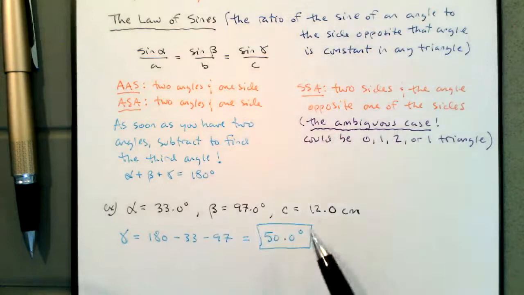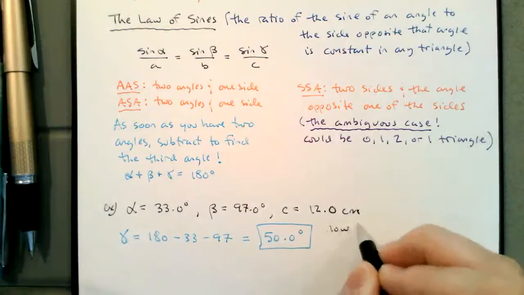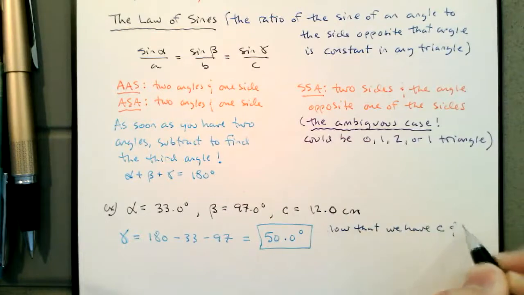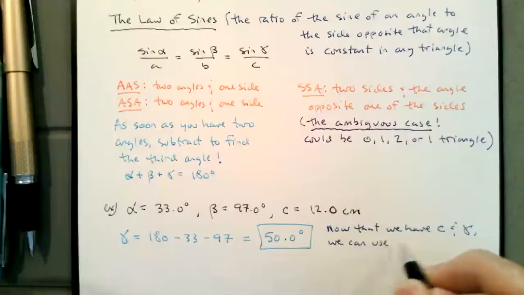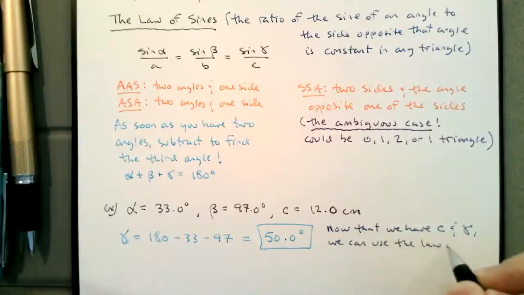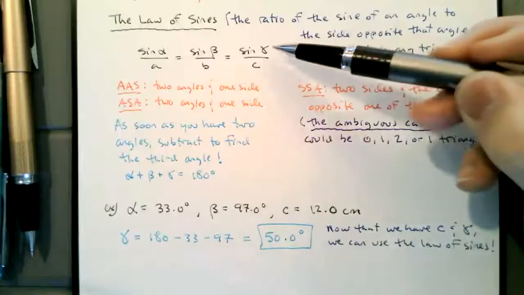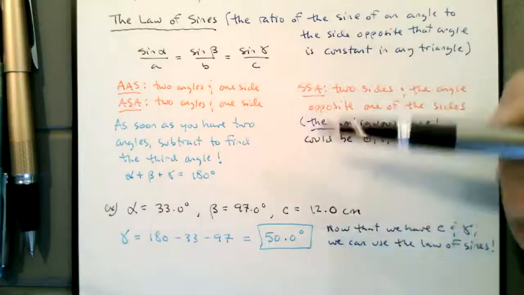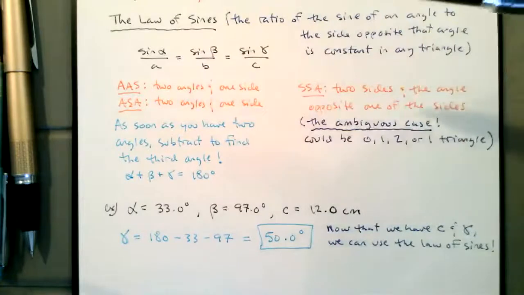Now that I have C and gamma, we can use the law of sines, because we have this fraction, sine gamma over C. So I'm going to use sine gamma over C. I've got to find side A and side B, so I'm just going to set up a fraction.